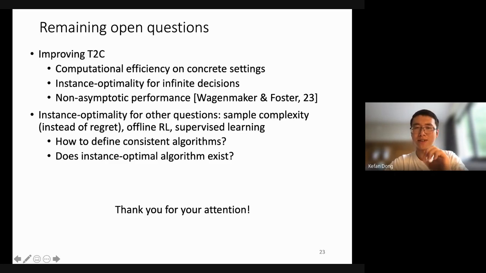So you just need to look at a small subset of the instances to compute the complexity measure. It's kind of similar to inverse gap stuff. The final form is kind of similar to inverse gap.